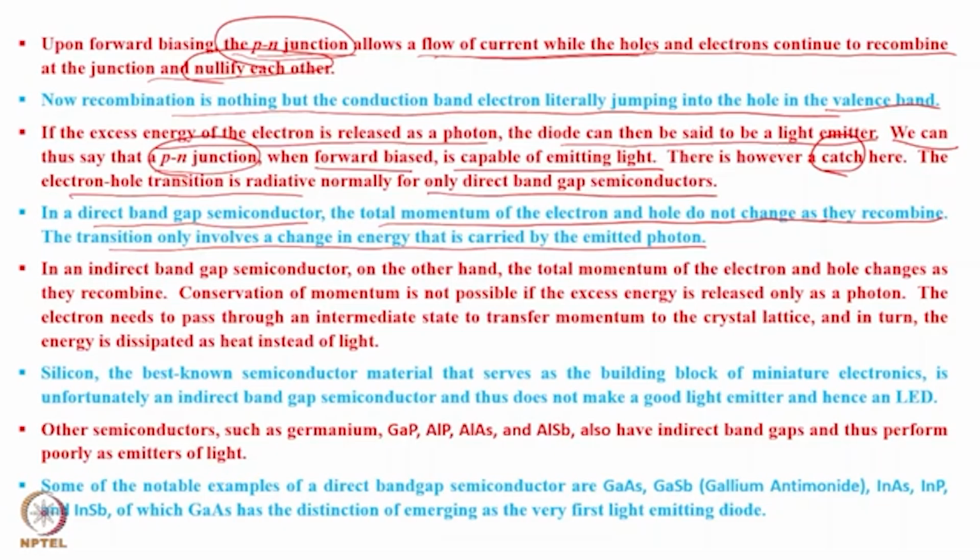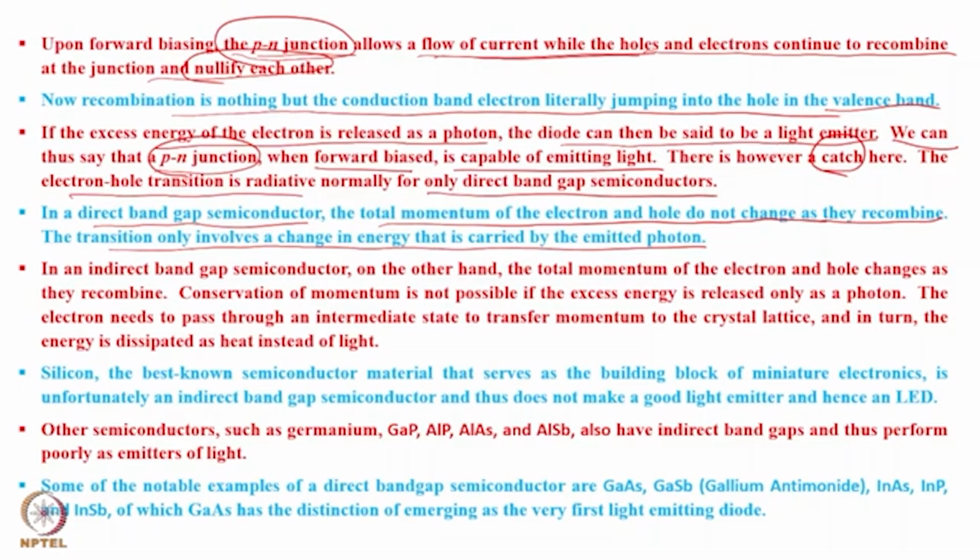And the deficit of energy, that is, when the electron drops down from the conduction band to the valence band and recombines with a hole, that energy balance is maintained by the formation of the photon. The extra energy is carried by the photon.